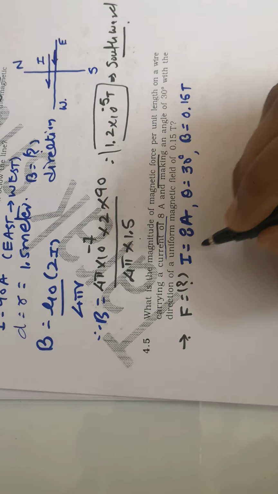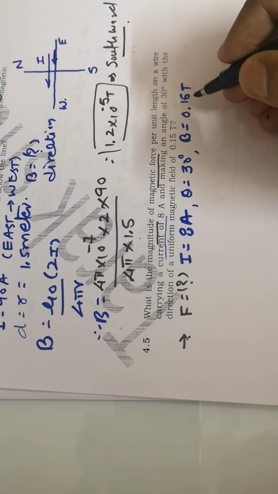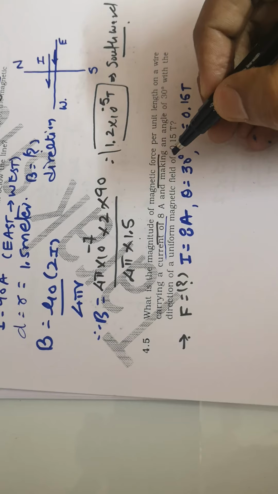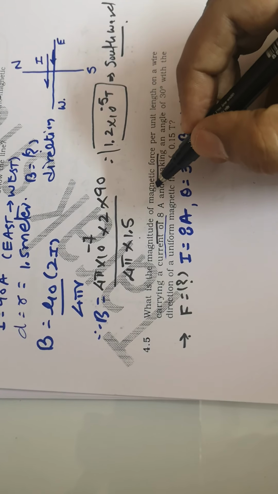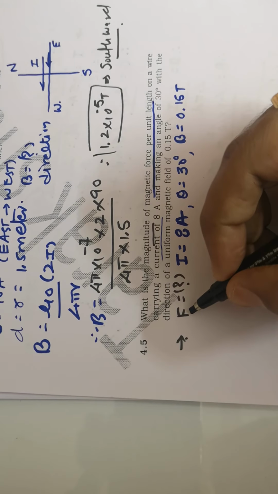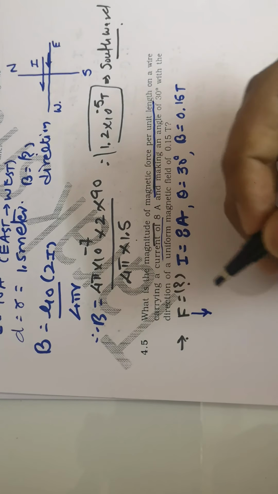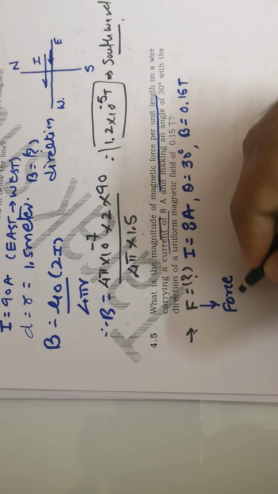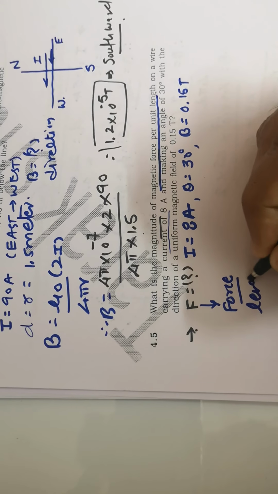You can see that I have F, I, L, B, and something to find. You can say L is the length, but you have been told to find the magnetic force per unit length. So we have to find not the normal F but the force per unit length.